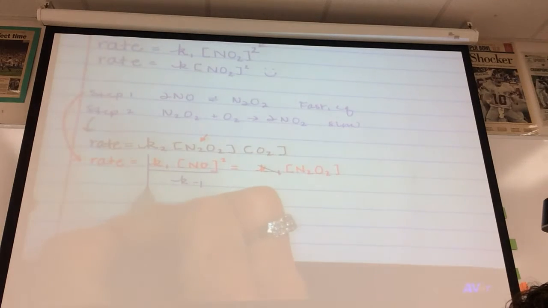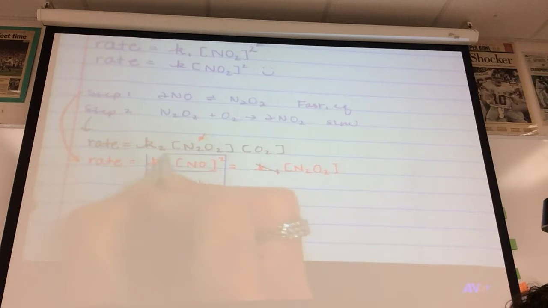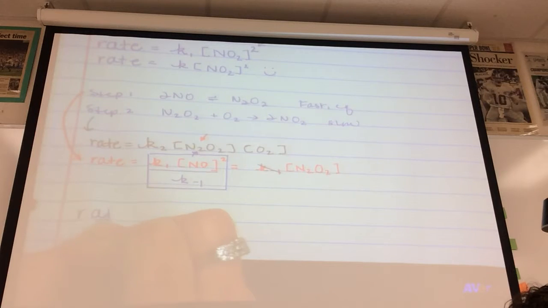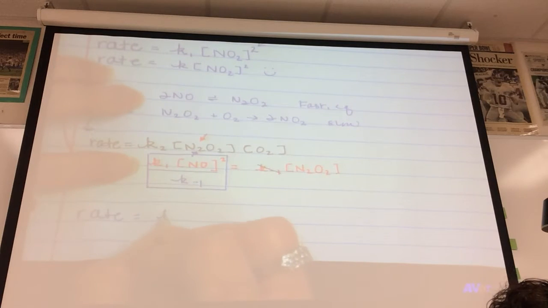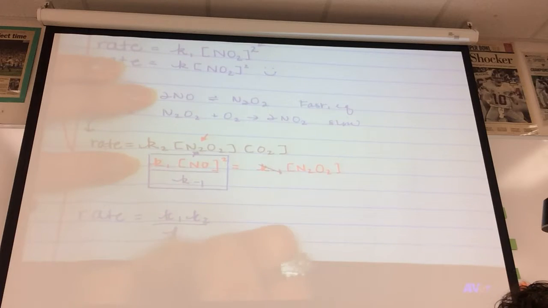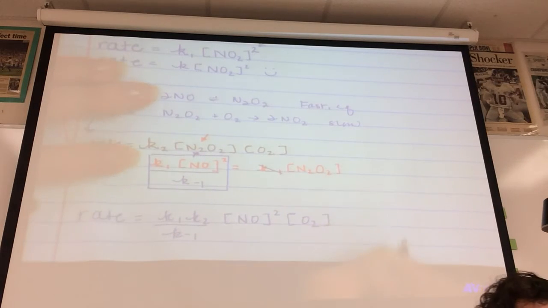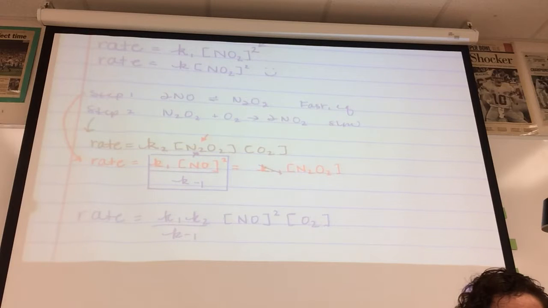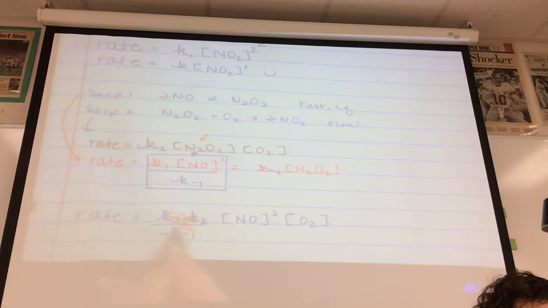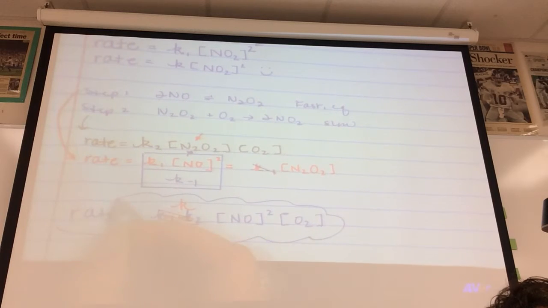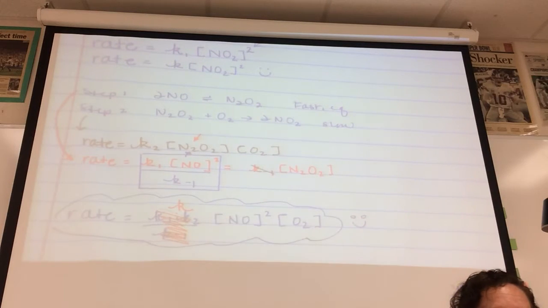Now I can substitute back in here. I'm going to put all of this right here. And I have rate is equal to K1, K2 over K negative 1, nitrogen monoxide squared, oxygen. For reasons that I'm not going to go into, this whole K caboose turns into K. And now the rate law that I derived is exactly what they gave me.